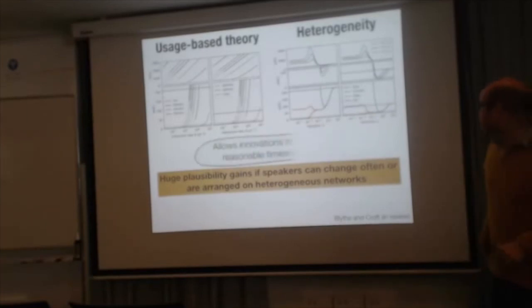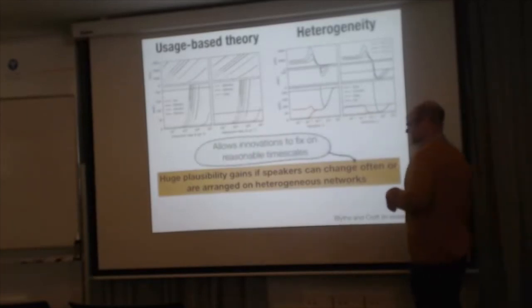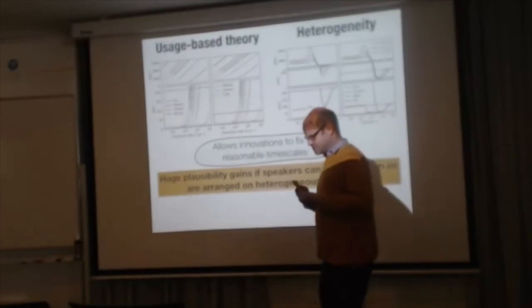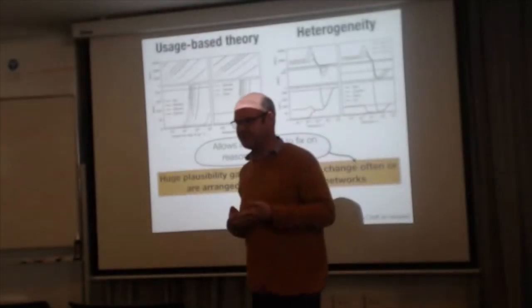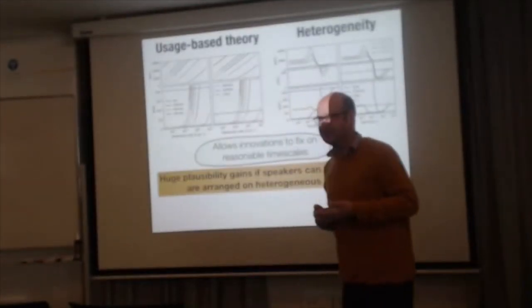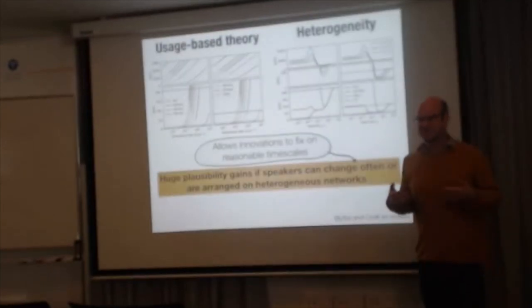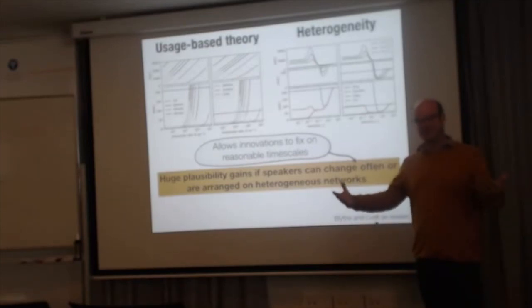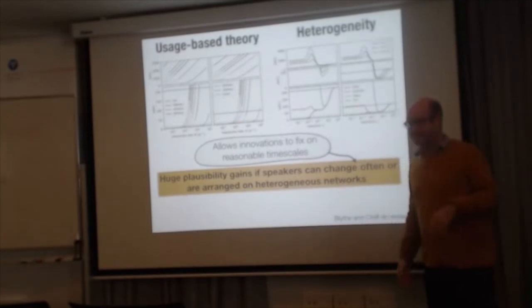The reason is basically if an individual speaker can change their behaviour reasonably quickly, then, because you need a whole population of speakers to change their behaviour for the language to change, even on a 2,000-year time scale, it actually requires the individuals to change relatively quickly.